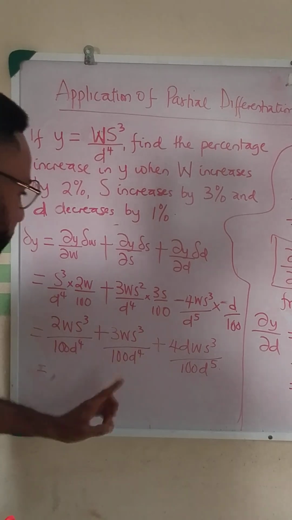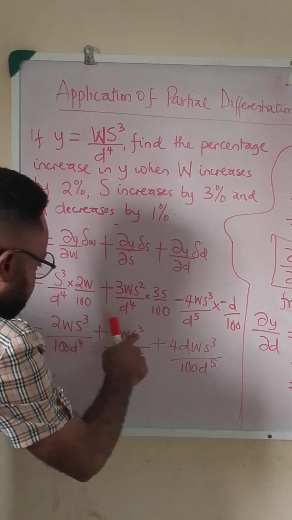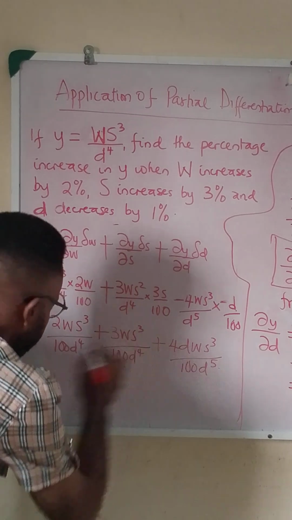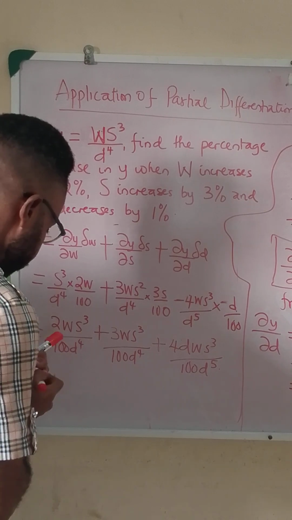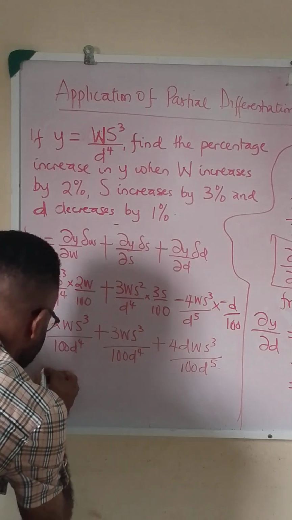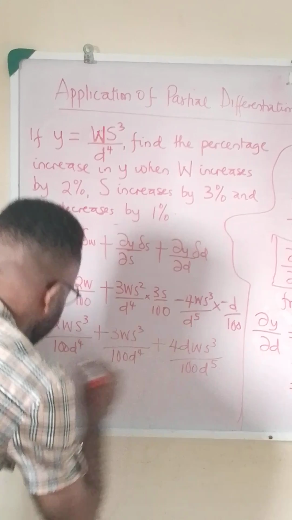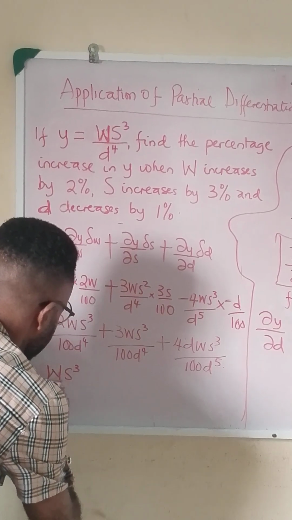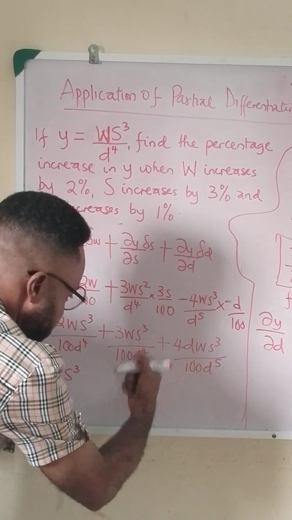So because we have W, W, W, and S cube, S cube, S cube, we write them out.